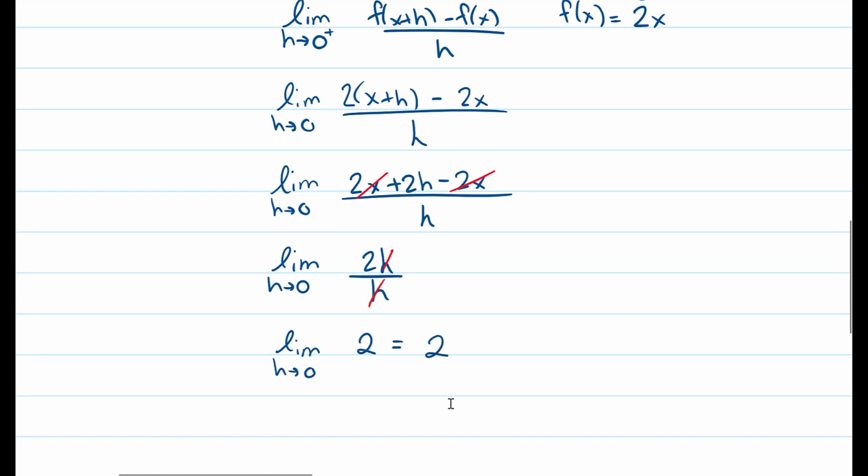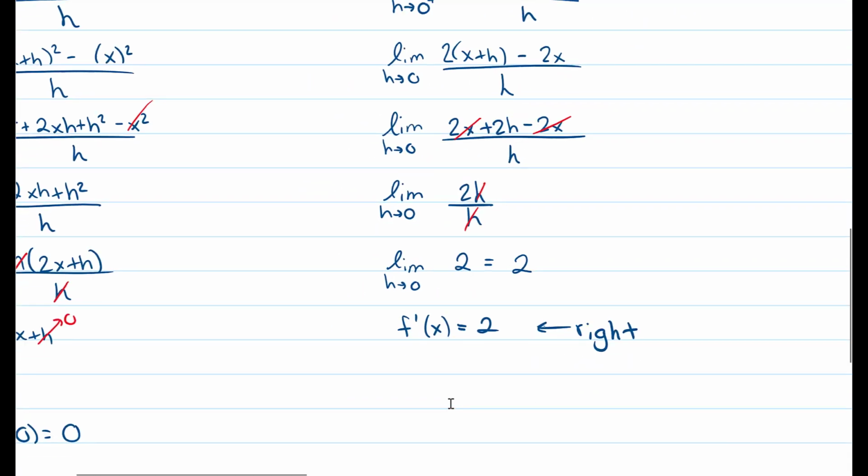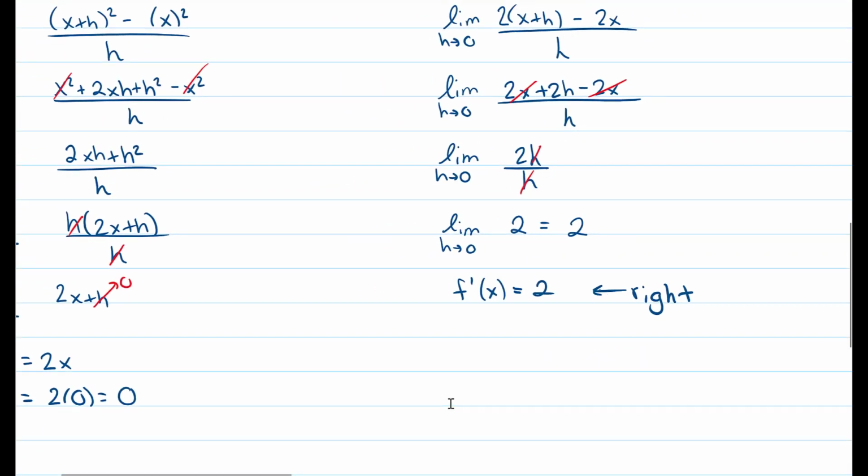So this means that the derivative from the right is equal to 2. And if you notice, the left-hand derivative, which is 0, and the right-hand derivative, which is 2, are not equal to each other. So therefore, the derivative does not exist at x equals 0.